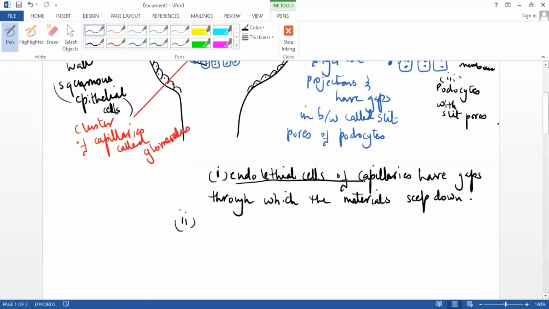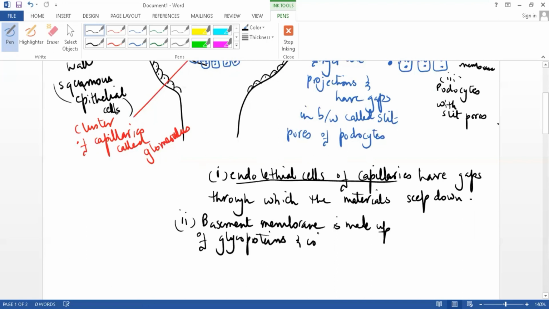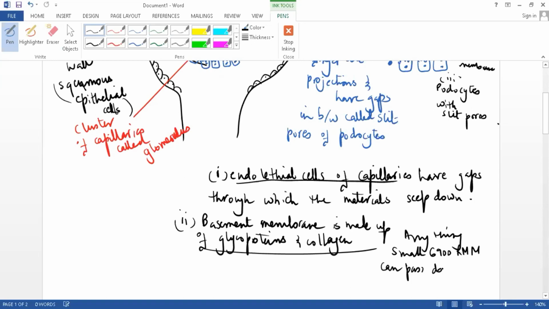Secondly, the basement membrane is made up of glycoproteins and collagen, and anything smaller than 69,000 relative molecular mass can pass down the basement membrane easily.